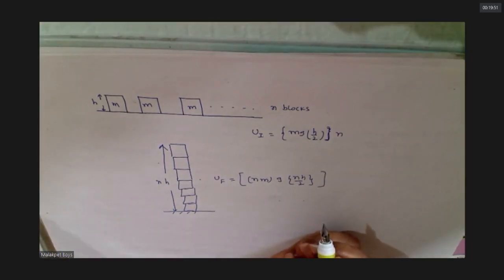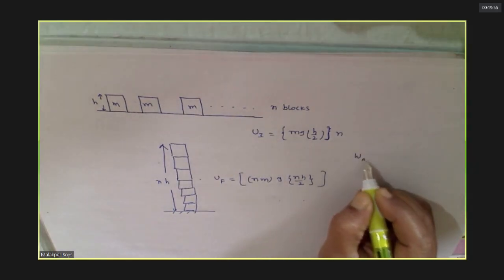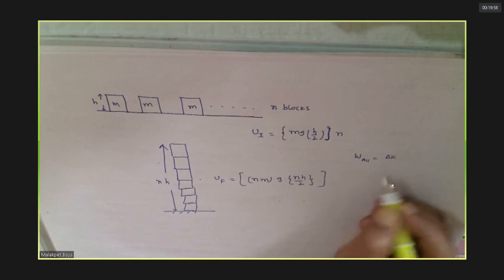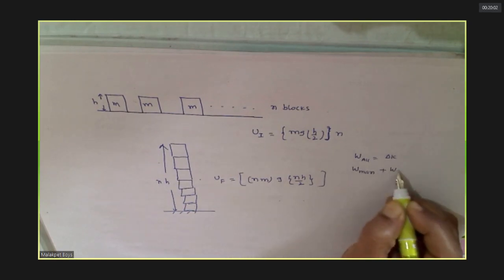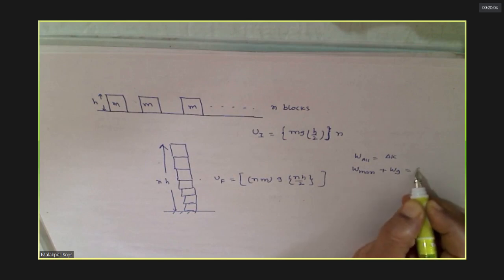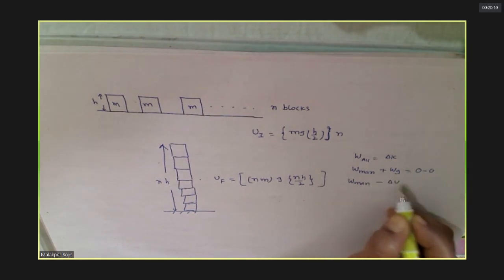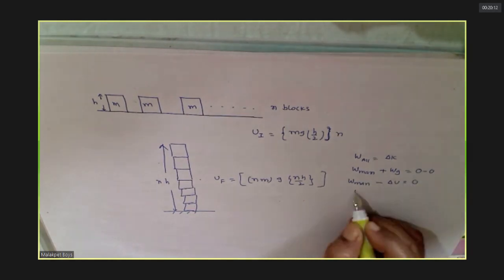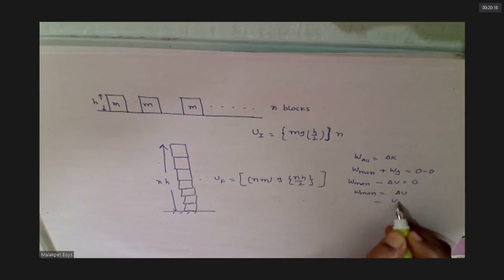Now you can see work done by all forces equals change in kinetic energy. Here one is the person arranging, the other one is gravity. The blocks are initially at rest, finally also at rest. So work done by man is nothing but minus work done by gravity.